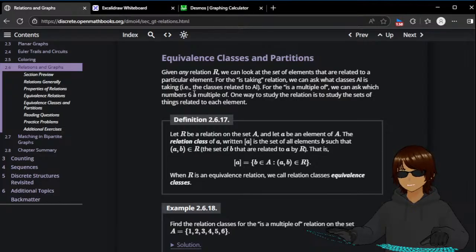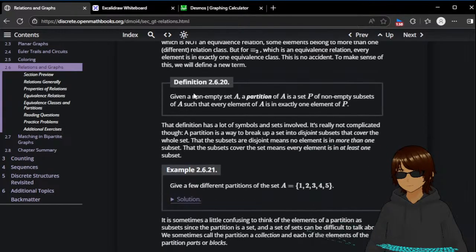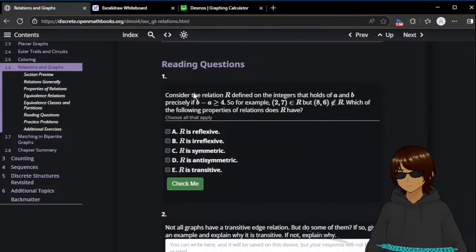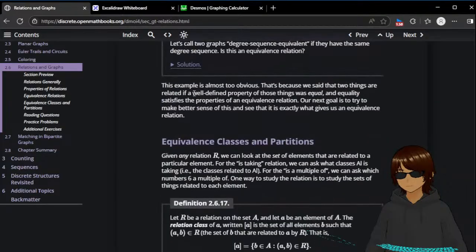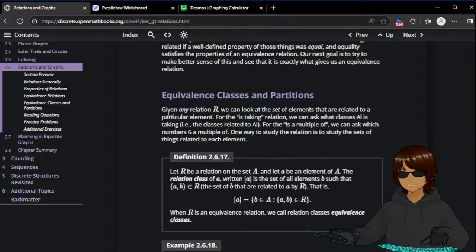One way to study a relation is to study the set of things related to each element. So we have equivalence classes and partitions.